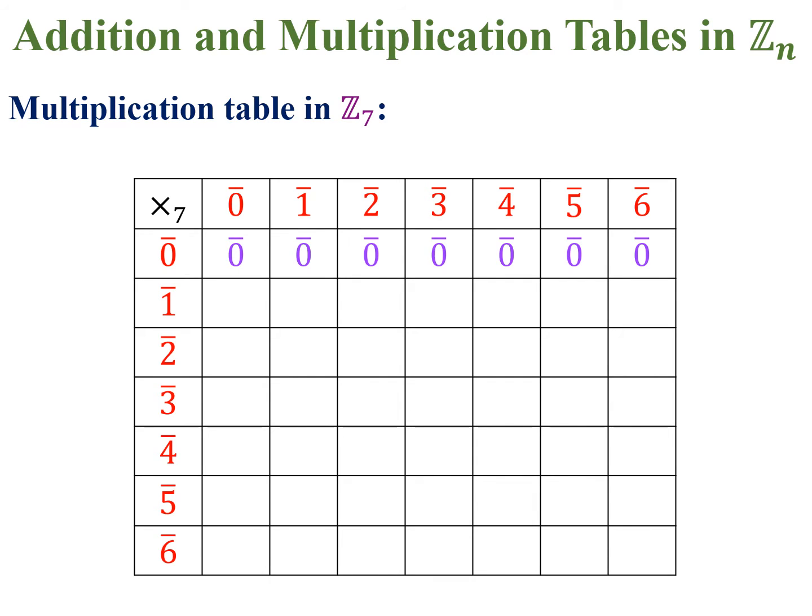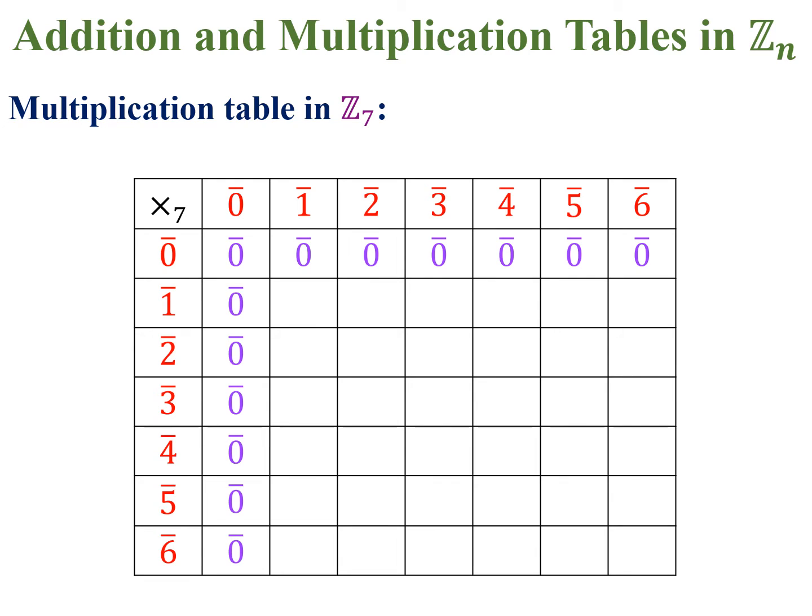Similarly, in this column, how can we get the results? By multiplying these classes by 0. So this column also contains all class of zeros. Now here we can get the entry by multiplying class of 1 by class of 1. Here by multiplying class of 2 by class of 1.